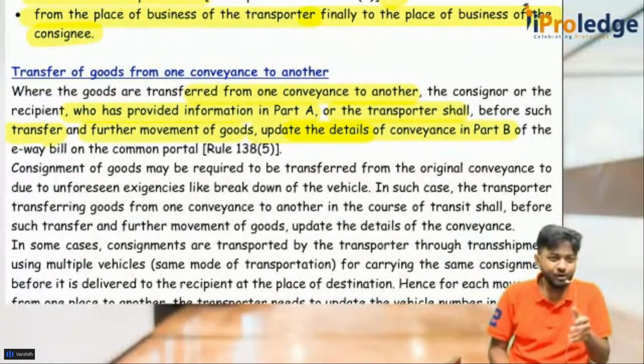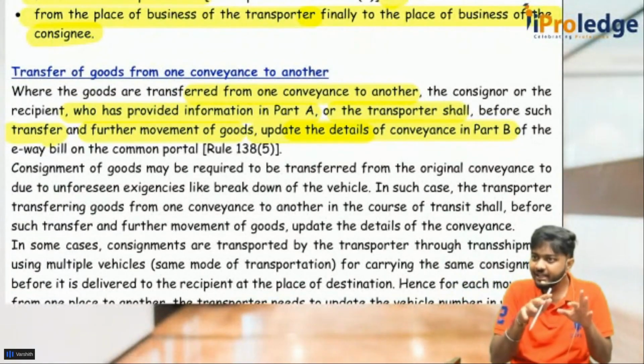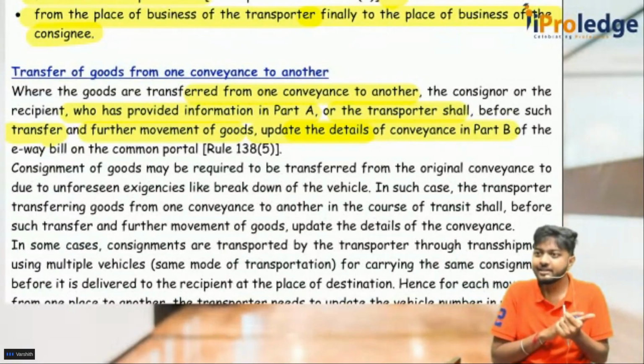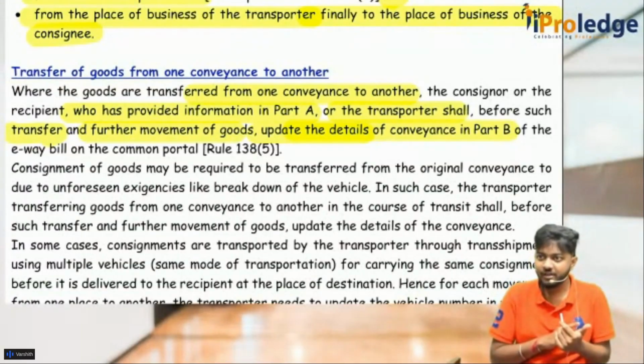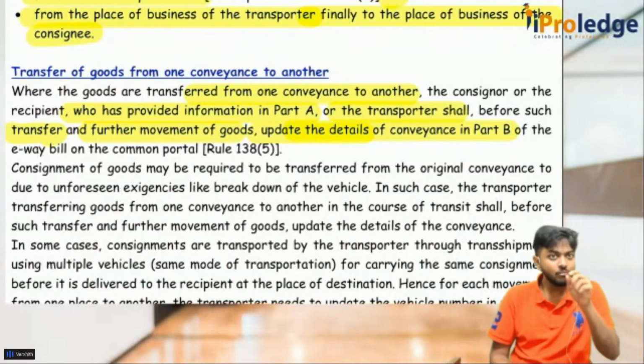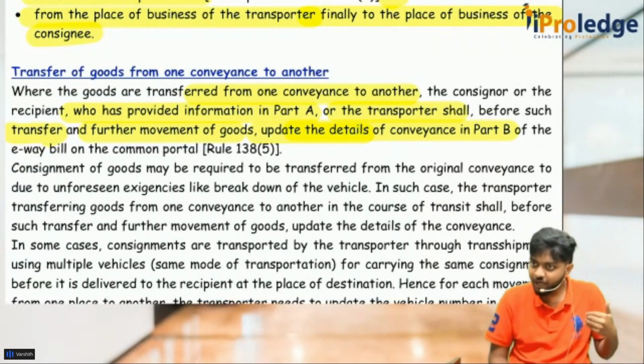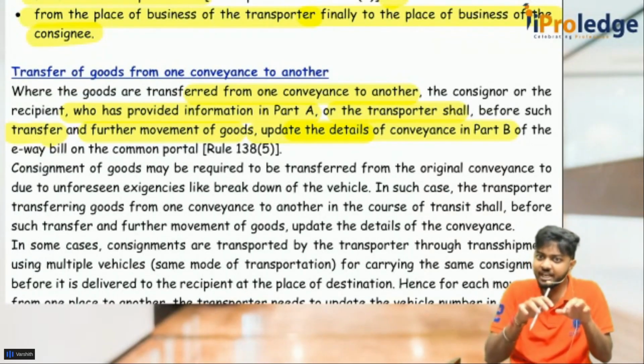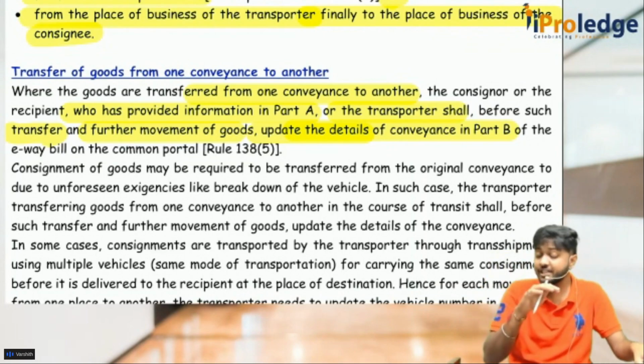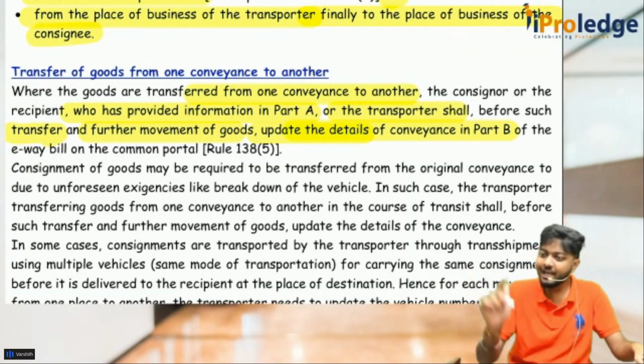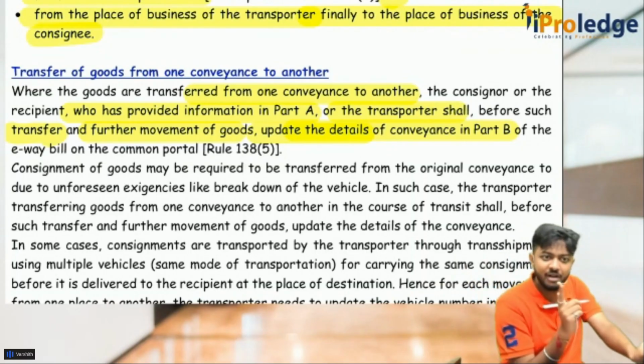So of course the transporter, when he shifts the goods, will update in part B. Guys, the moment he gives the vehicle registration number of the first lorry, that is from Bangalore, he will generate part B of the e-way bill.